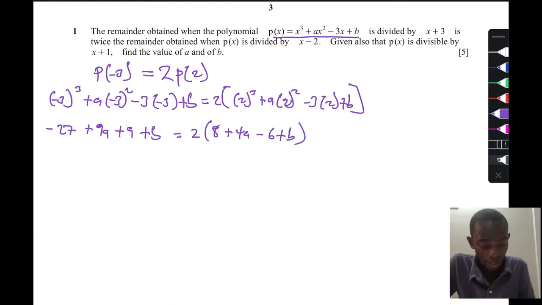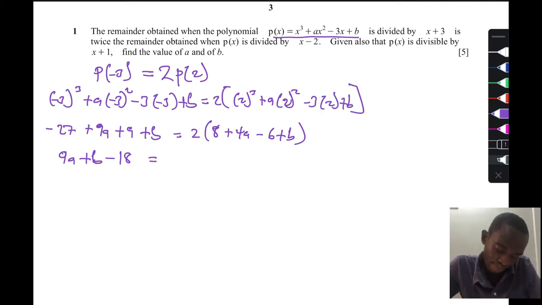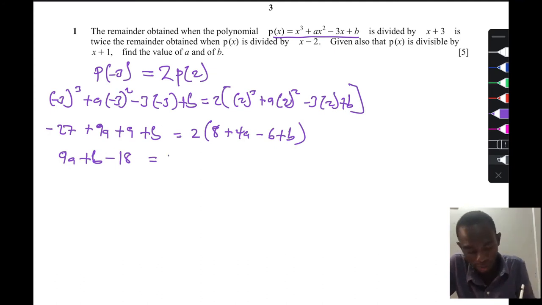All right, the next thing we want to do: negative 27 and then plus 9, that is negative 18. So we have 9a plus b minus 18 is equal to, now we have 8 and then minus 6, you subtract that, gives 2, times 2, that is 4.